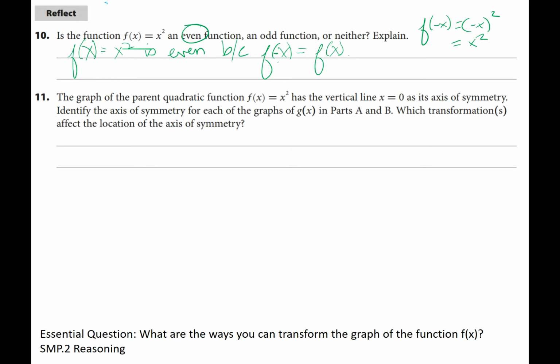And probably to make that a little bit more precise, we would say for all values of x in its domain.